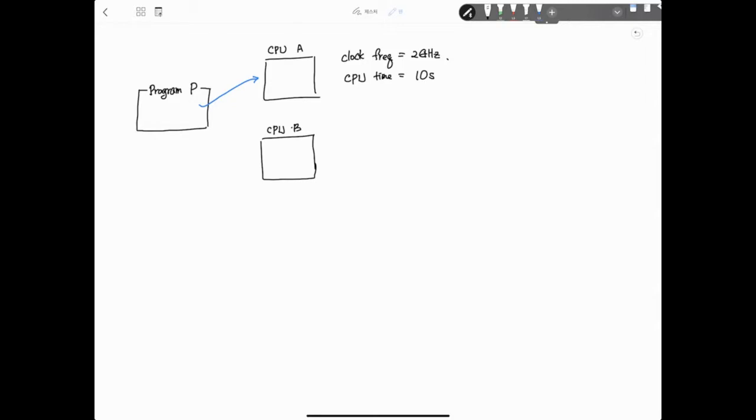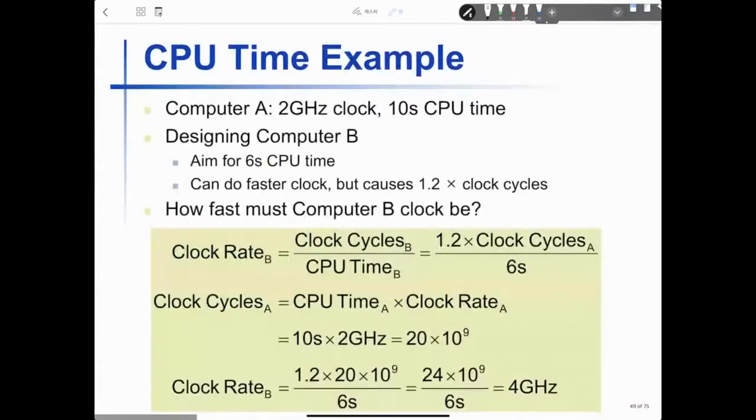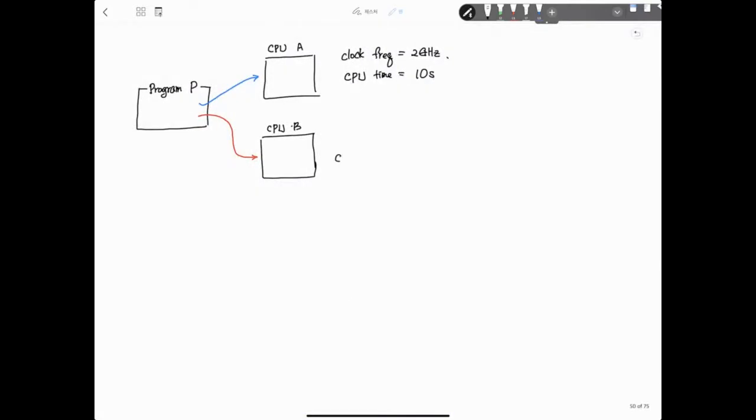Then we are running this program P on processor B. But what we are trying to do is increase the performance. So the CPU time aim is 6 seconds. In that case, what about the clock frequency to achieve 6 seconds? Can you compute now?